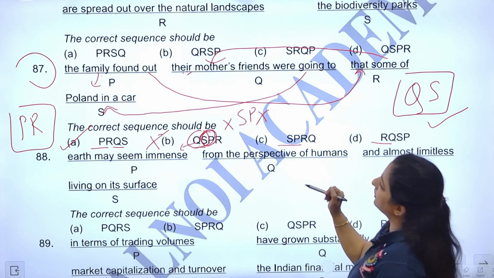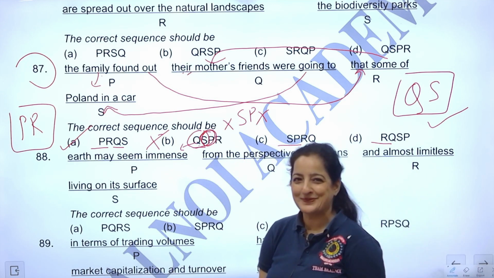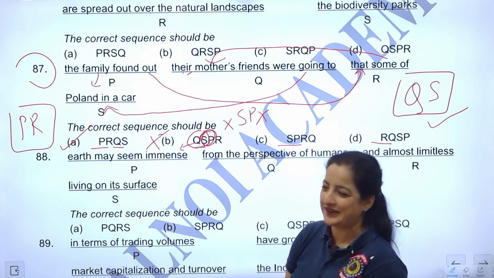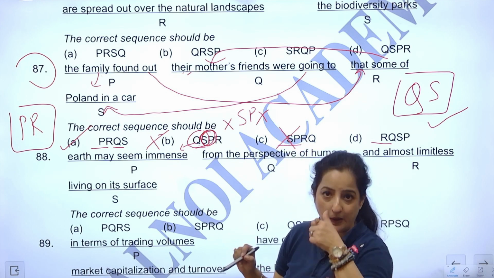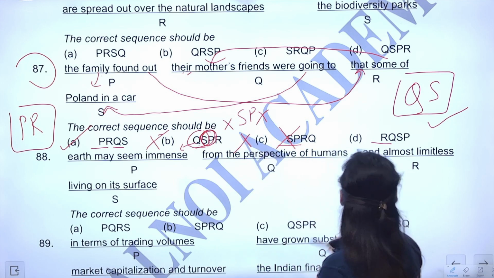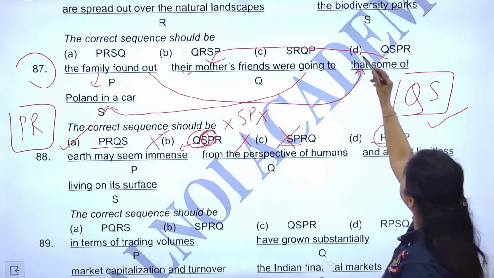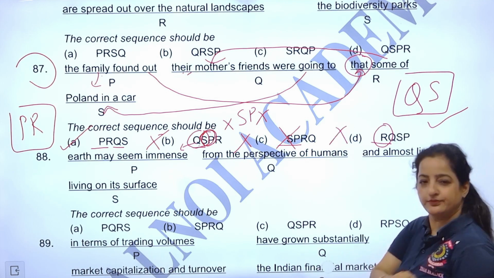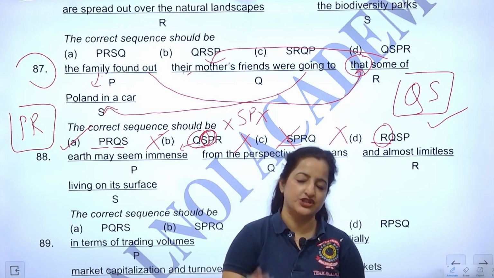Then SPRQ, let's read. Poland in a car. ये तो यही पे रूल आउट हो गया. How can a place be in a car? Yeah, it's not an independent fragment. Then R, that. It's beginning with that. So one of the tips actually is elimination strategy.